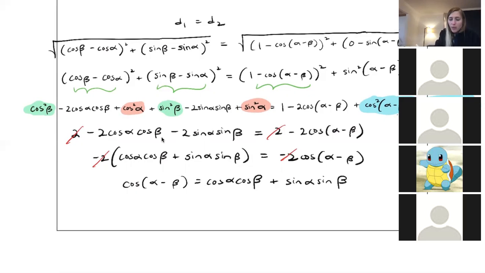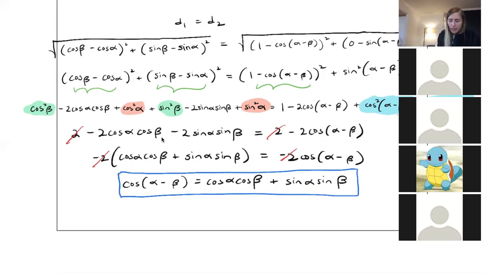And you guys, there's going to be 6 sum and difference identities, and I have a little rhyme to help you memorize them once we finish deriving them all. These sum and difference identities are going to be very handy though. Now, that's the difference identity for cosine.